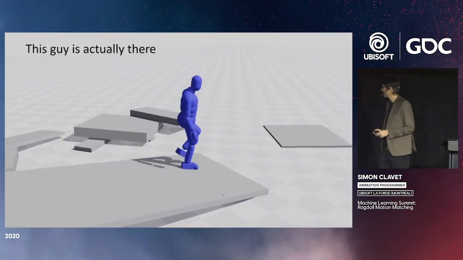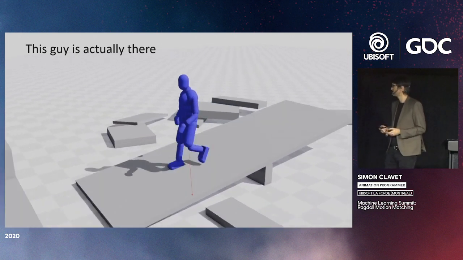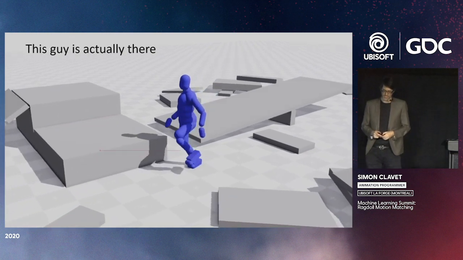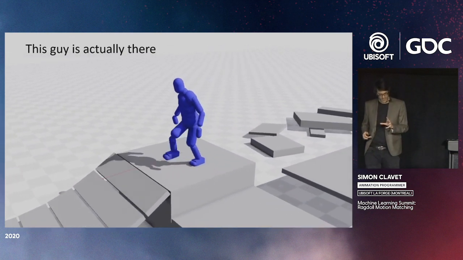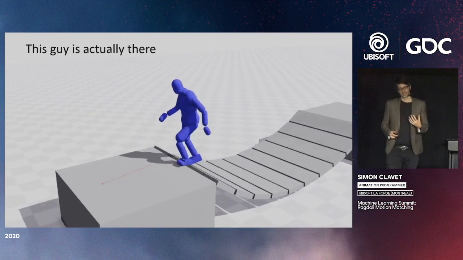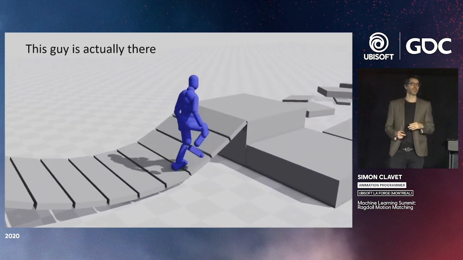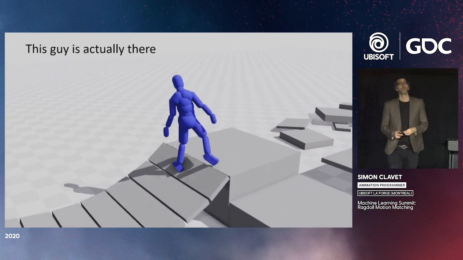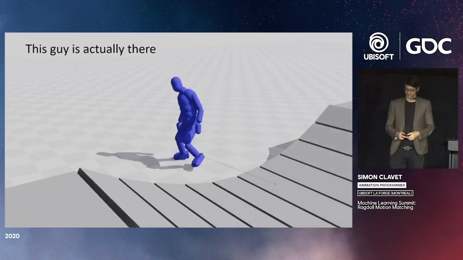I would claim that this guy is actually there, doing a thing in his virtual world. He's playing animations, but he's very well integrated in his world. And this is the emotion I want you to feel now. This is something different than what video games do today, because he's actually there, that's actually happening.